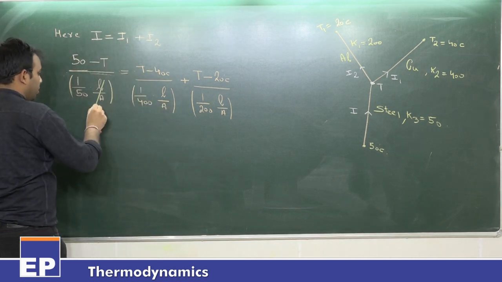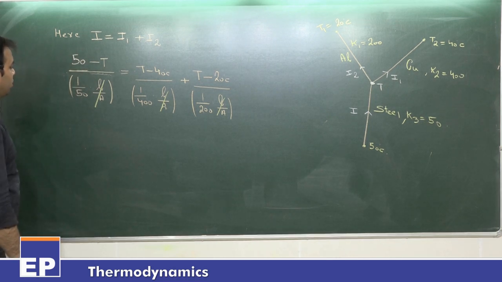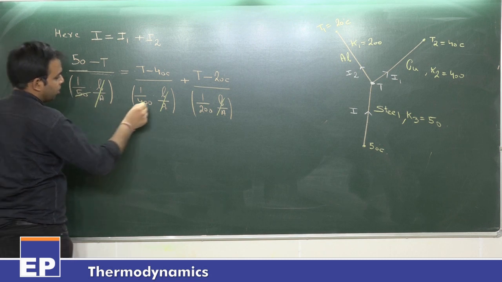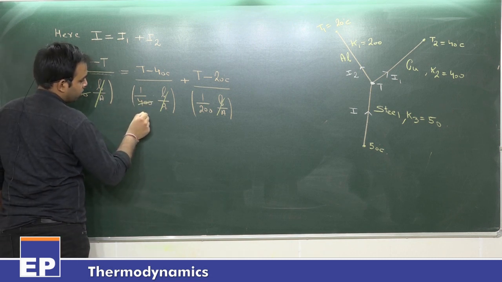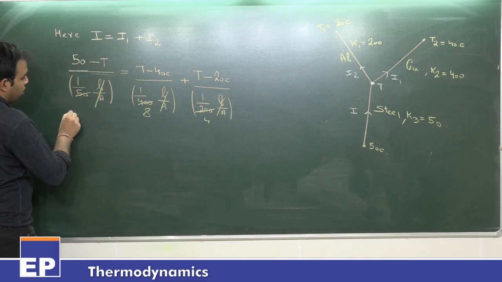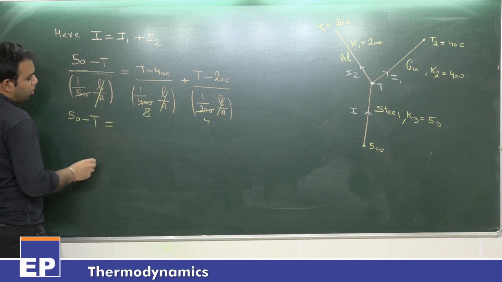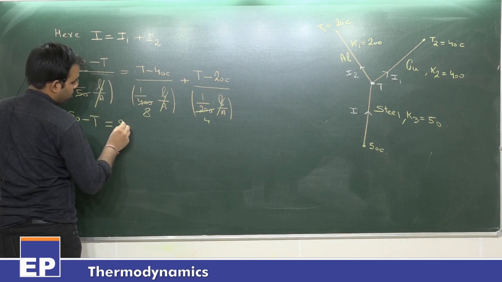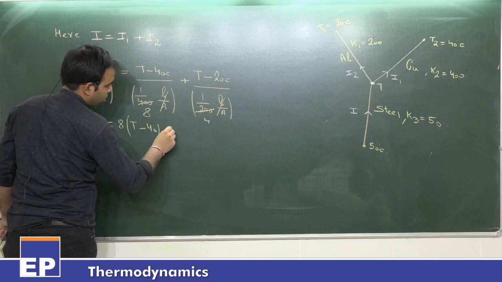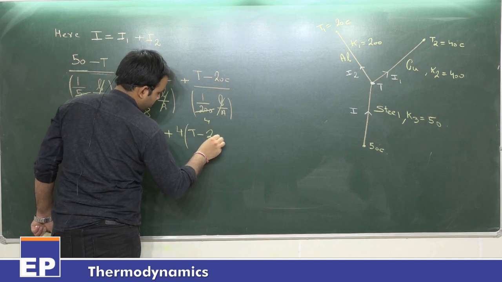This L by A and L by A cancel out. So what is the remaining thing? This 50 ऊपर जाएगा, इसको कटिंग करेंगे तो ये क्या बचेगा? 8 और 50 minus T is equal to what? 80 plus 4 times T minus 20.